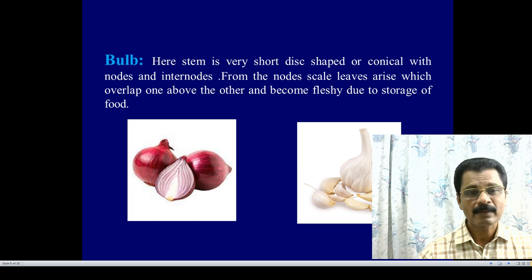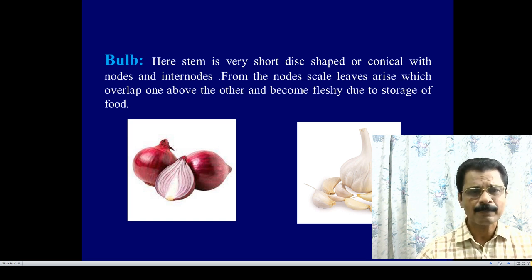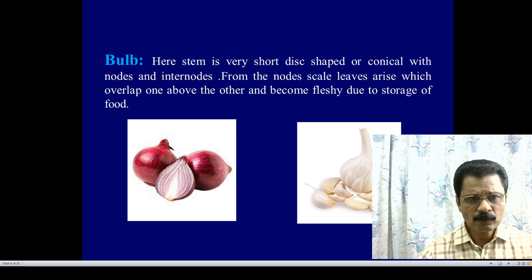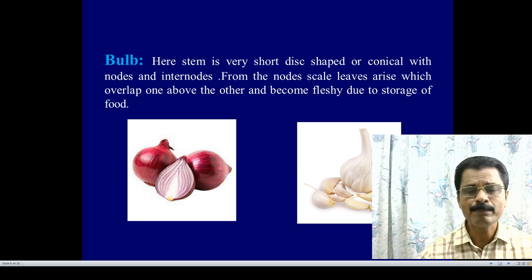Simple tunicate bulb, see, if we examine an onion, the bulb is covered with scales, this covering. Tunicate means an outer covering is there. If you examine the onion, you can see a covering outside, scale. We usually peel off that outer covering. If only one covering is there, then it is called a simple tunicate bulb. Example, onion.